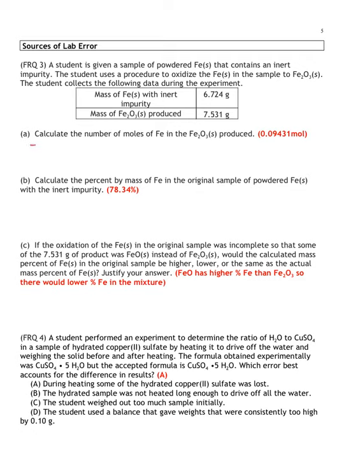Let's start off with our given, which is 7.531 grams of iron 3 oxide. And once again, I always label what I'm doing so that I know and track what substance I'm trying to find.